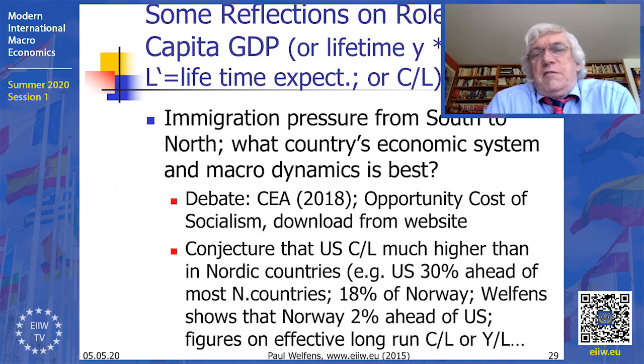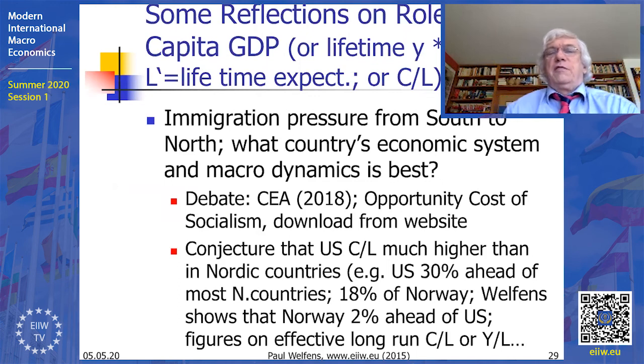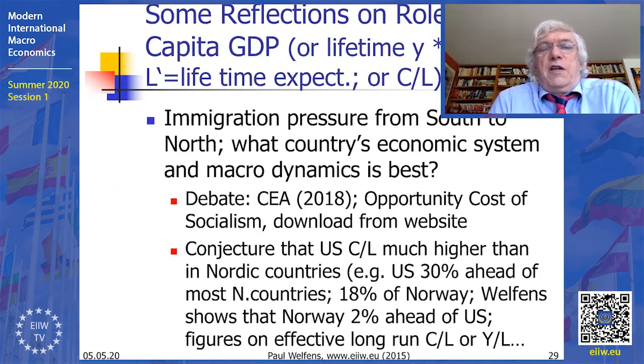And it's not difficult to understand that socialism in Cuba and Venezuela, I mean, that's a real disaster, or in North Korea. But the Council of Economic Advisors then also compares the US development to Northern European countries, to Nordic countries, such as Sweden, Denmark, Norway, Finland, and so on. And that, I think, is very strange.